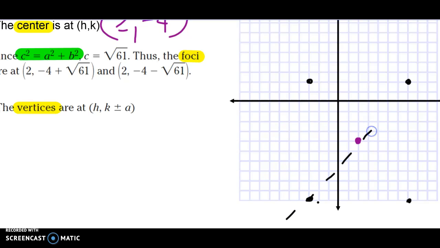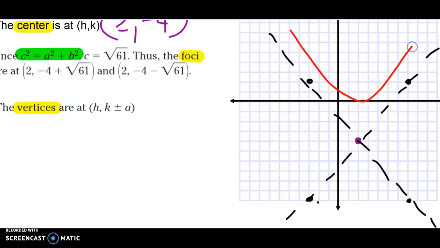Once you make an X and connect those dots, this is going to be the line where the graph will not cross. Okay? All right. Now, we can't graph it yet. We do know it's going to go kind of like that, kind of like that. If nothing else, you can draw that. At least you know which direction it's opening.